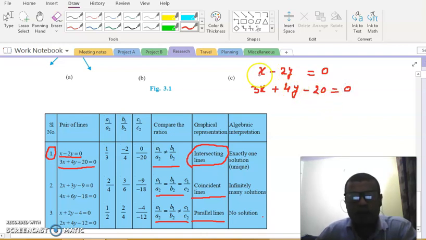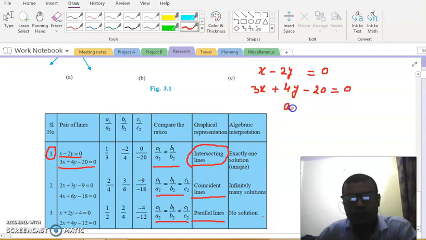Your a1 is the coefficient of x, and b1 is the coefficient of y, which is minus 2, and what is c1? As c1 does not exist, you have to take c1 as 0. For the second equation, a2 is 3, b2 is 4, and c2 is negative 20. Now apply the condition, just check it first of all.